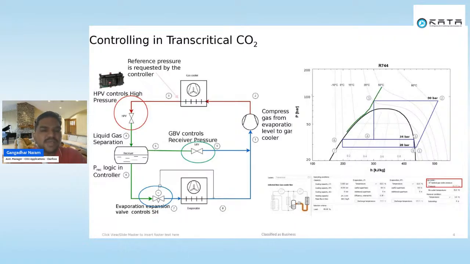In this gas bypass cycle, we drop the pressure from high pressure to one intermediate pressure through our high pressure expansion valve, and whatever gas forms in the receiver, we bypass through a gas bypass valve to the compressor.